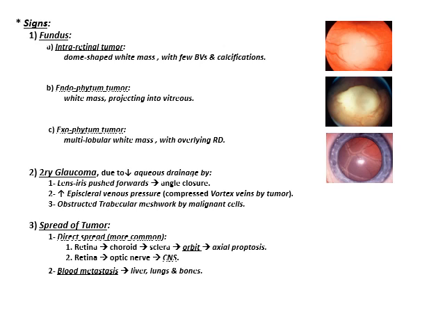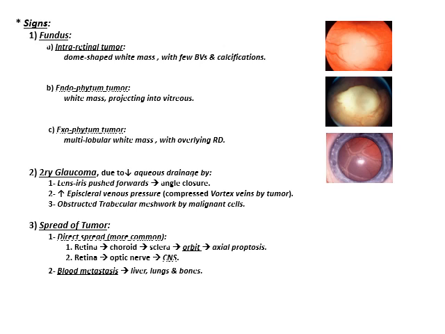Spread of tumor: direct spread or blood metastasis. The direct spread is more common than blood metastasis. The direct spread goes through the retina, penetrates the choroid, and penetrates the sclera to be in the orbit.